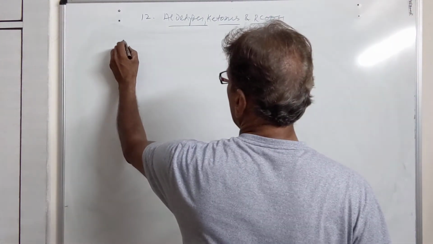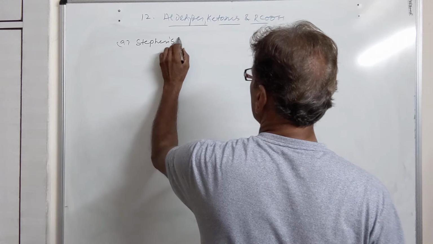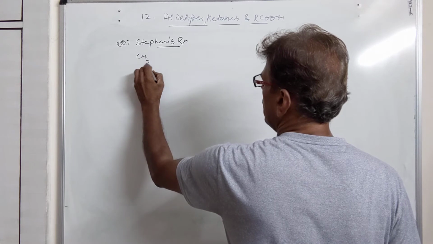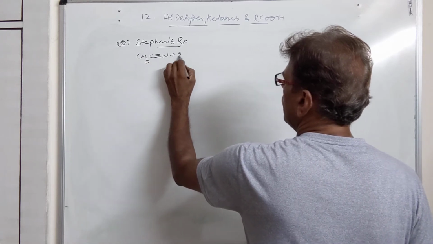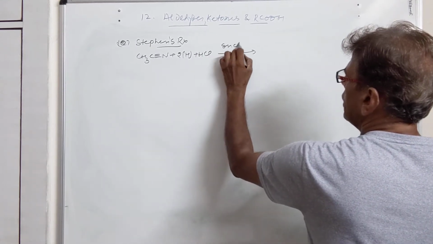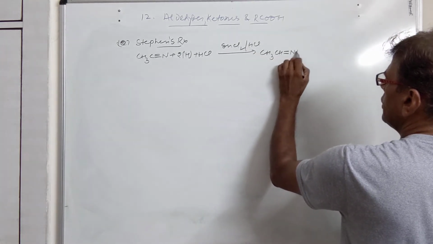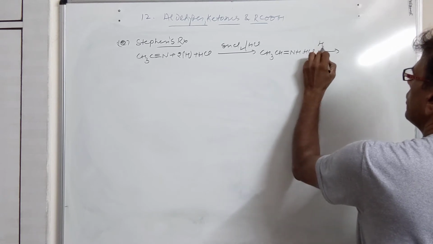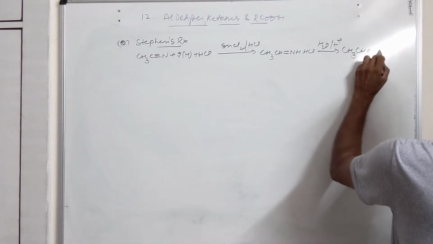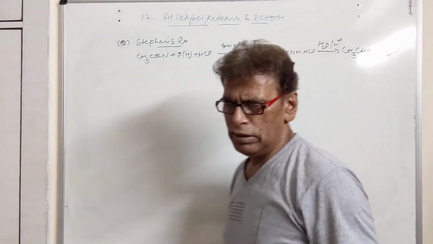So it is our next reaction, reaction number 10, Stephen's reaction. Stephen reaction involves treatment of cyanides with 2 hydrogen and HCl. They come from SnCl2 and HCl. You will get the product CH3CH=NH·HCl, treated with water to give you CH3CHO plus ammonium chloride. So this is our Stephen reaction.